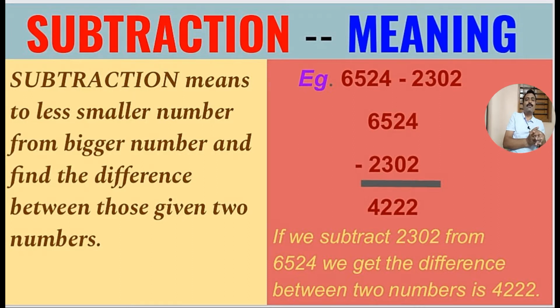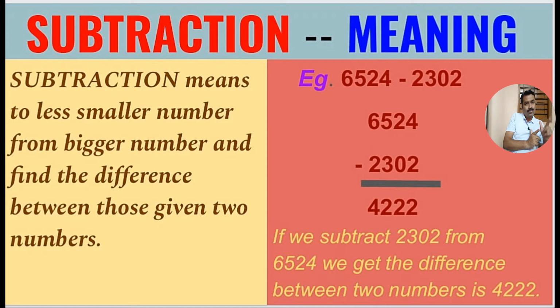First we want to explain the meaning of the subtraction process in a short way. So at the left side of your screen, I am taking the meaning of this subtraction process in this way. Subtraction means to take a smaller number from a bigger number and find the difference between those two given numbers. In the example of subtraction, while subtracting those two numbers, the first number is always bigger and the second number is always smaller.